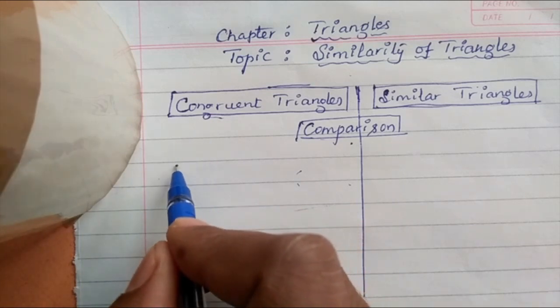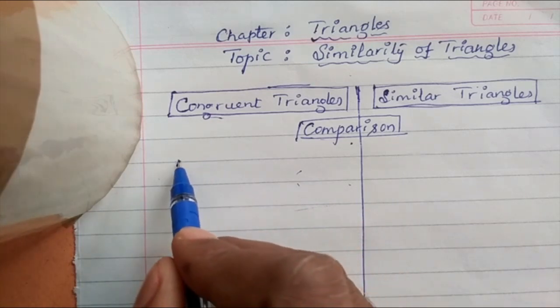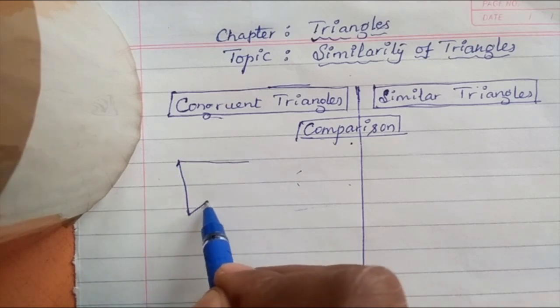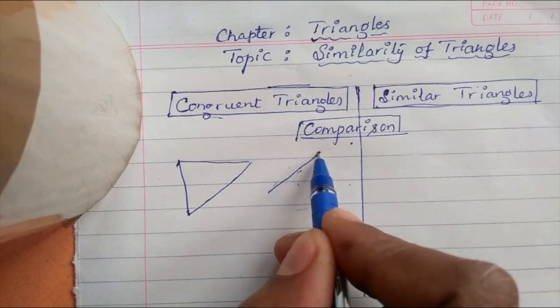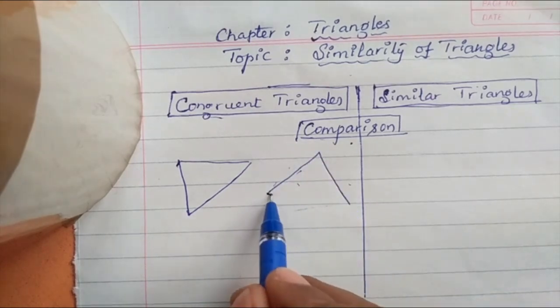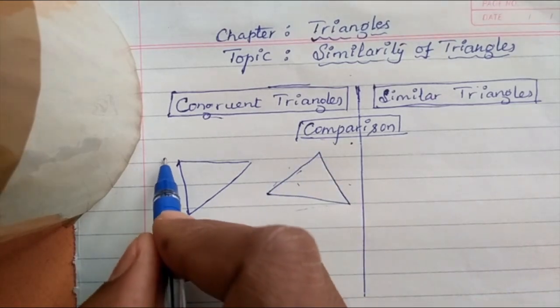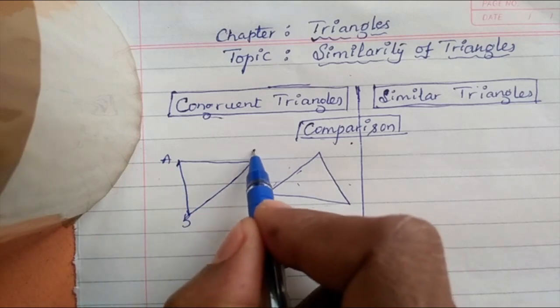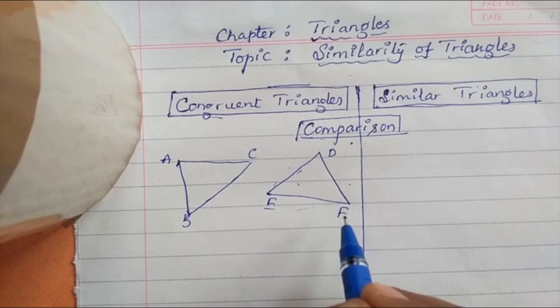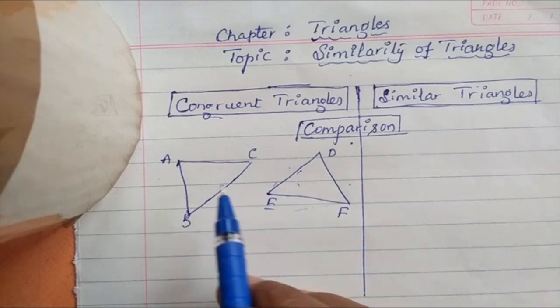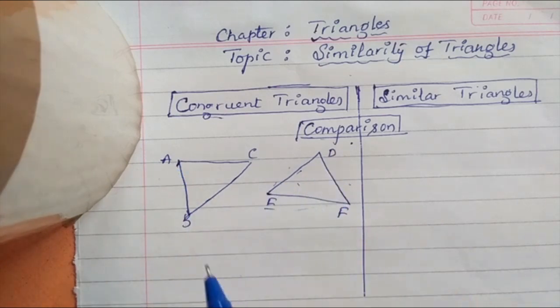I take two triangles. Name this as ABC, name this as DEF. There are two triangles that have been taken, ABC and DEF.